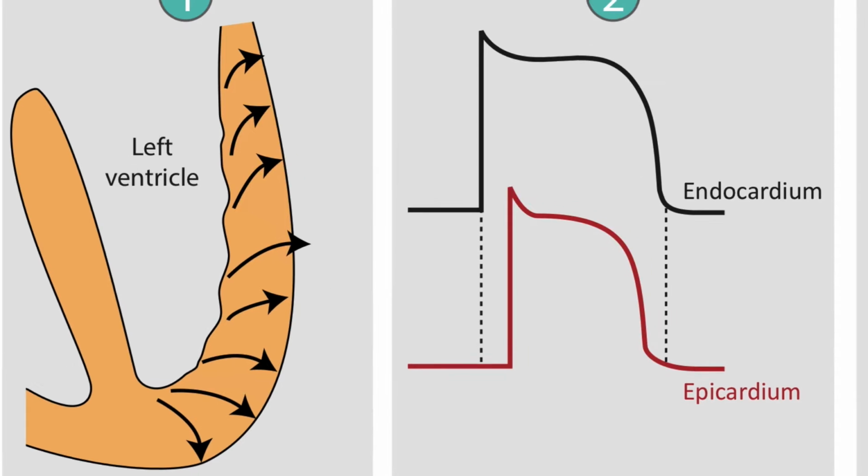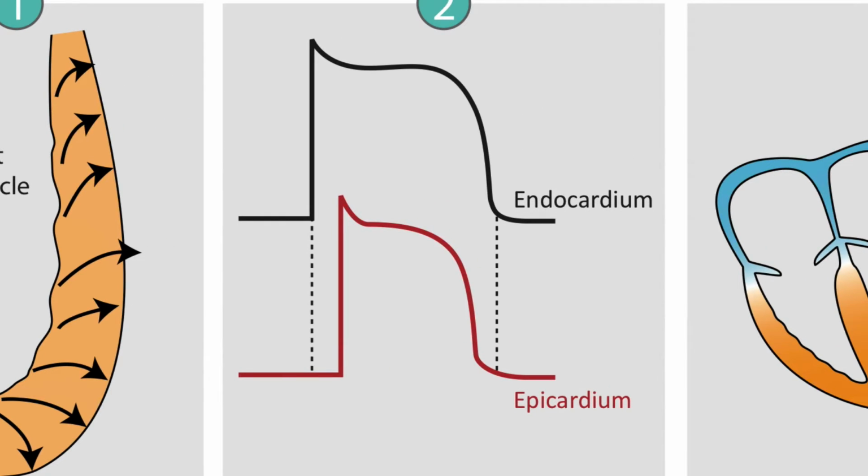Now take a look at this image. This is the appearance of the action potential in the endocardial cell and the epicardial cell. As you can see, the appearance of the action potential is similar, but not the timing. The action potential will start later in the epicardium, which is simply because the epicardial muscle layers will obtain the electrical impulse later than the endocardial cells.